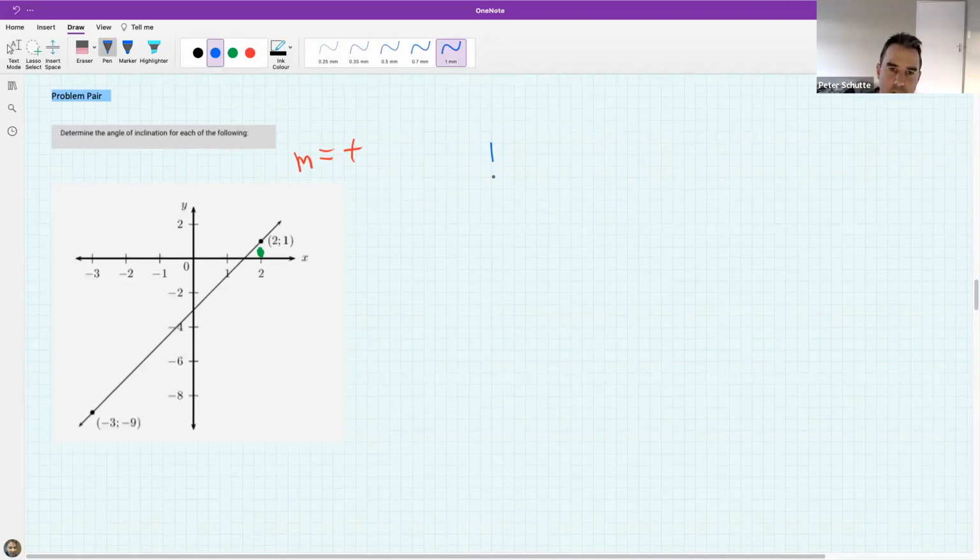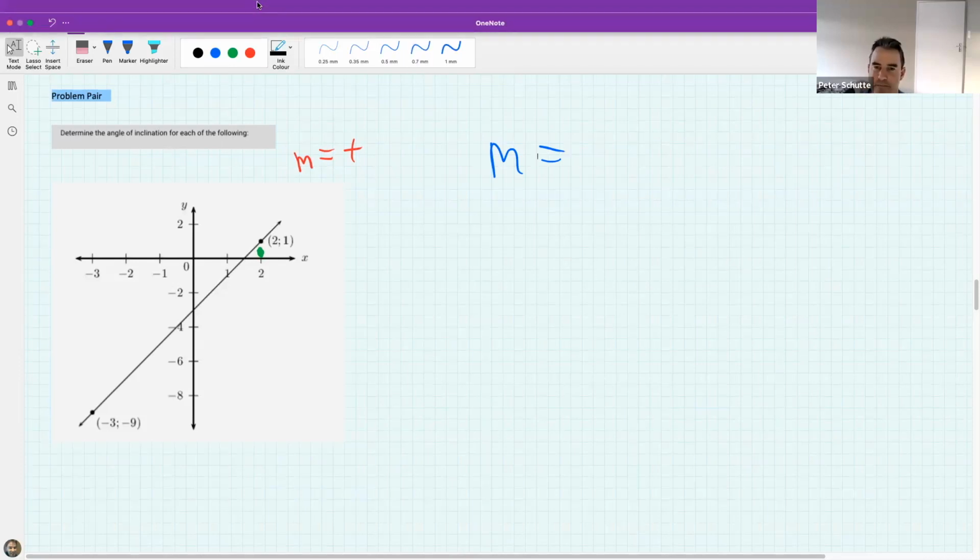Okay, so let's start by finding the gradient, and then I want to see if you guys can work out the angle of inclination of this line for me.